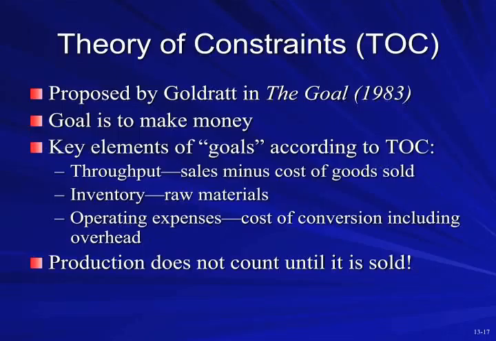But according to Goldratt's theory of constraints, you look at throughputs, you look at inventory, and you consider operating expenses as part of the elements in your goal. And you don't count production while it's in process until it's finished and sold. Otherwise, you get caught up with all the work in process that just becomes the bottleneck that we're talking about.